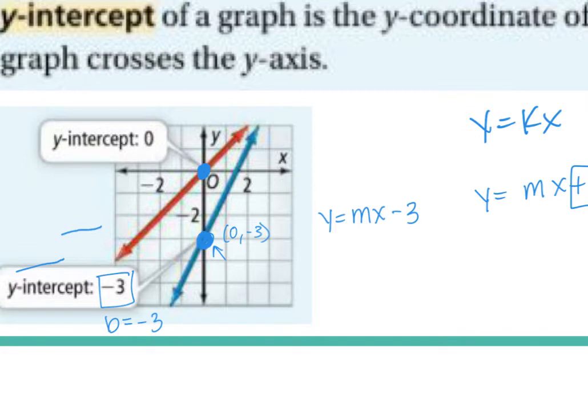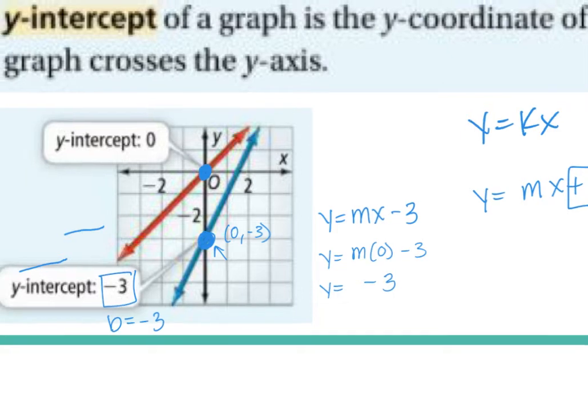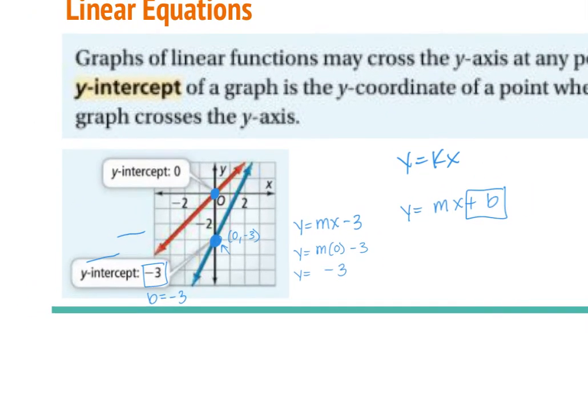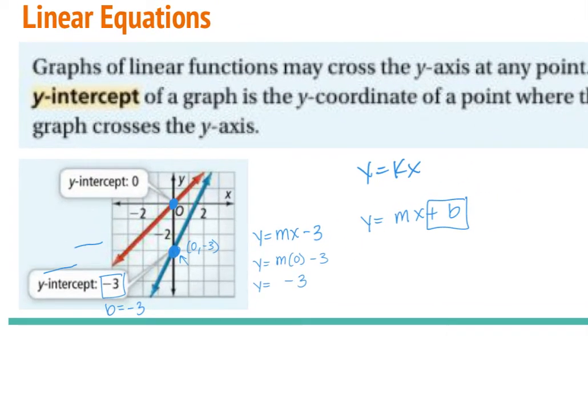So if we make x 0, y equals m times 0 minus 3, what are we going to get? Anything times 0 is just 0, so y equals -3. Whenever you make your x 0, that will be your y-intercept. Whenever you make your y 0, that will be your x-intercept. Now I'll show you guys how that works in the next slide.